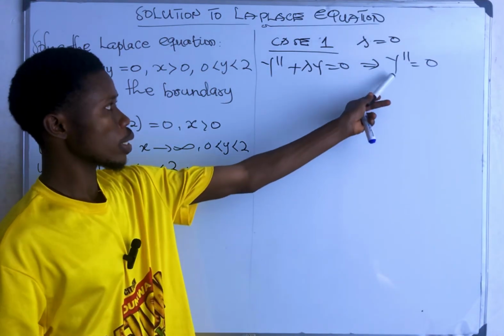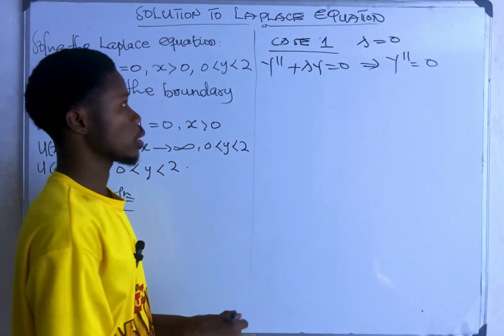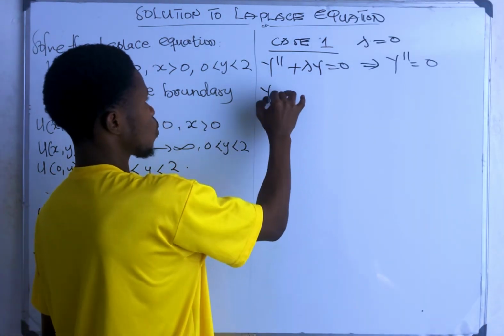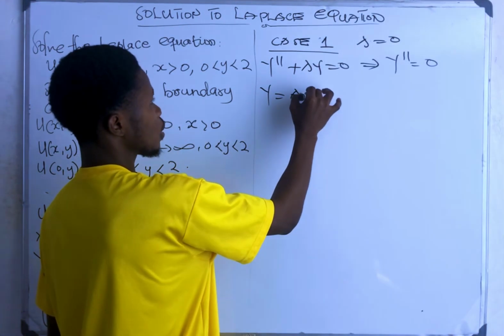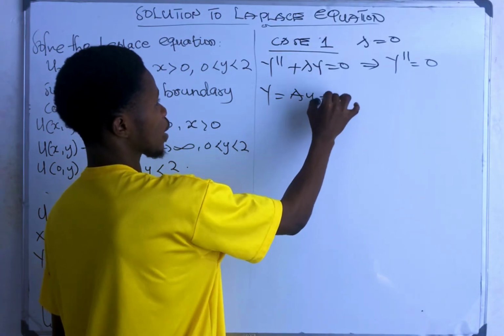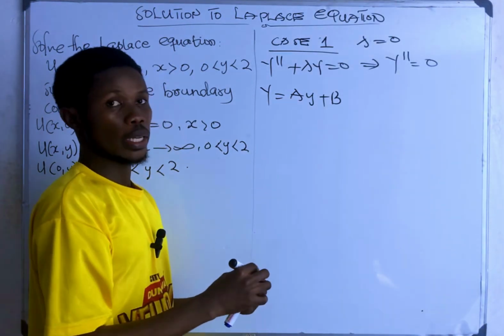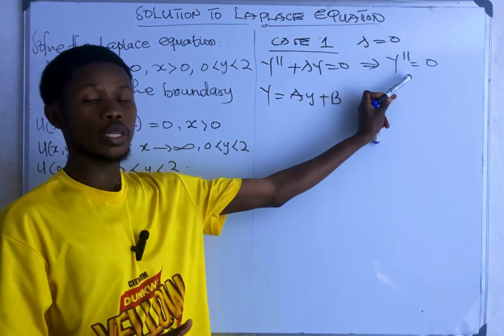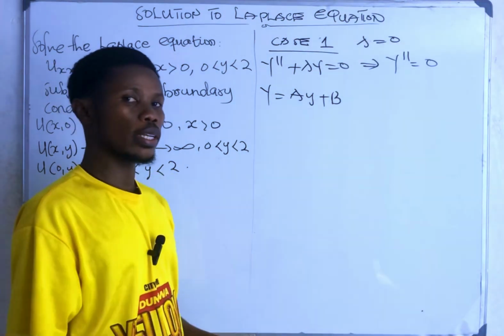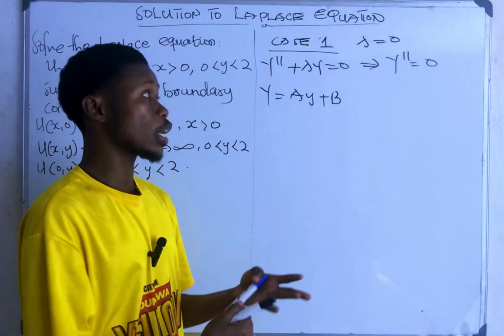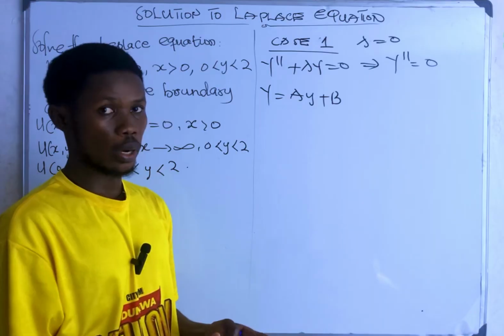Now, if you integrate this two times, you are going to have y equals a y plus b. If you are confused with the integration, you can visit the heat equation or the wave equation, where I do it. It's the same thing. Is that okay?